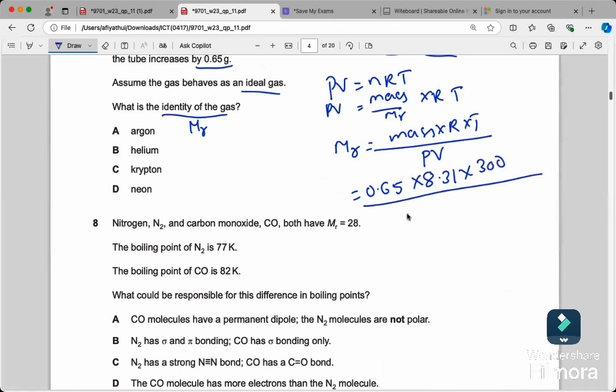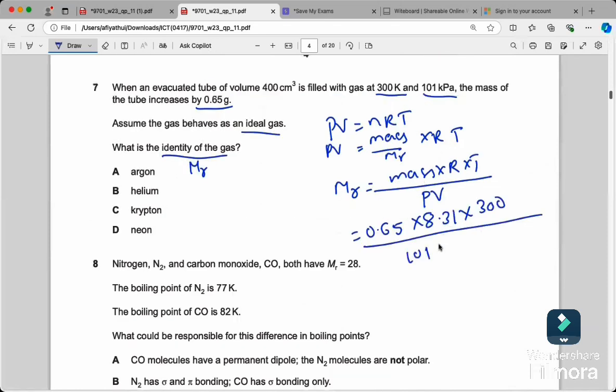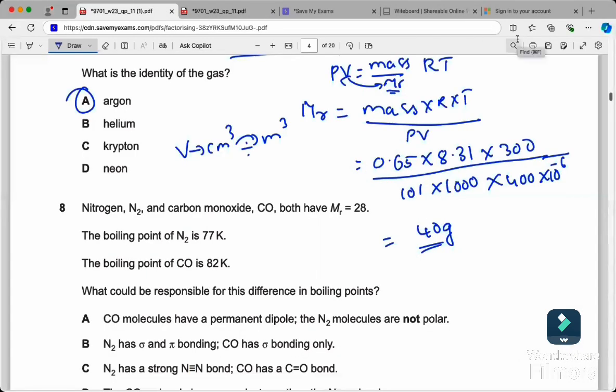So whole divided by the P value, which was 101 kilopascal, into 1000 because it was in kilo, and then the V is 400 cm³, but I have to convert it into m³.